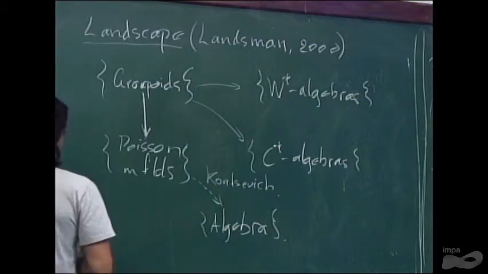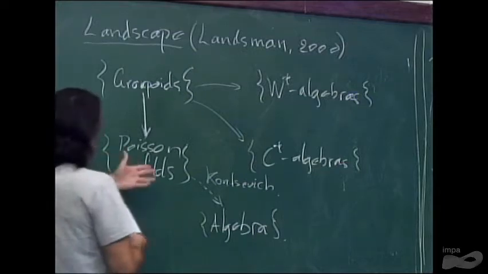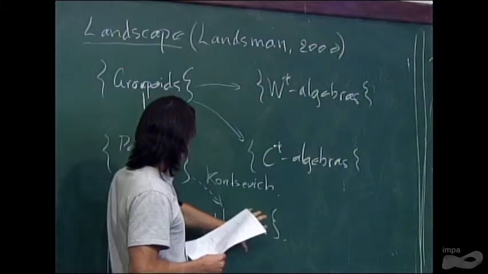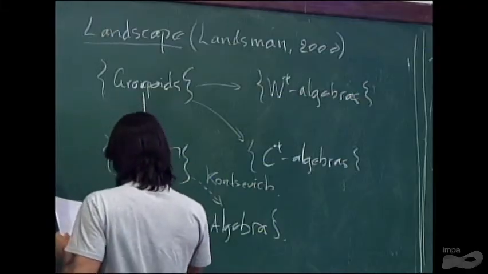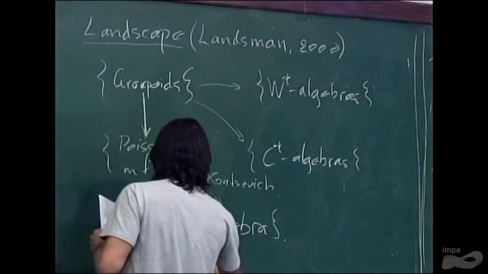And there are some results scattered over there that indicate that there might be some kind of relationship between Poisson geometry and algebra in terms of Morita equivalence. One of them is the following one. You take M, a manifold.